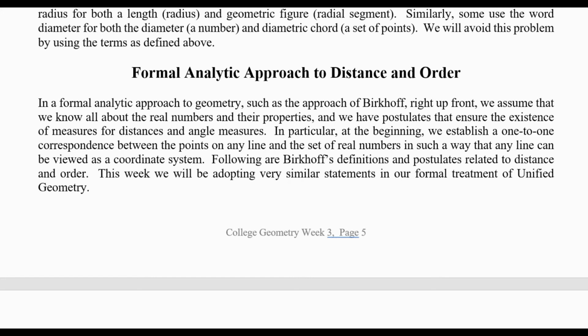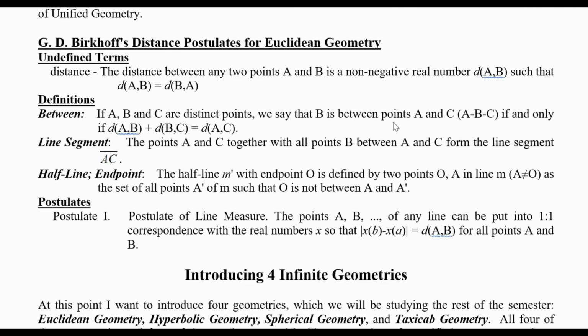Following are Birkhoff's definitions and postulates related to distance and order. And this week we'll be adopting very similar statements in our formal treatment of unified geometry. Now recall, Hilbert's axioms or postulates for order were dealing with a synthetic approach, and then Birkhoff's here have some distance postulates. So he's going to have the term distance as undefined.